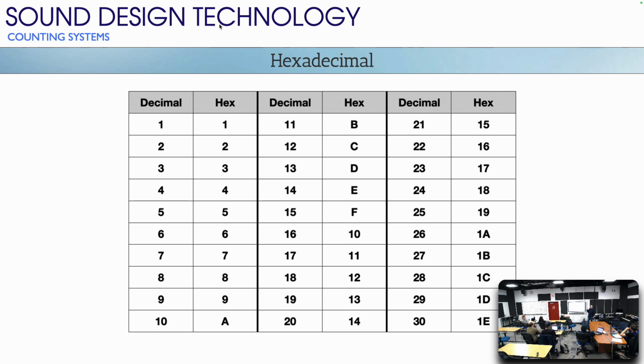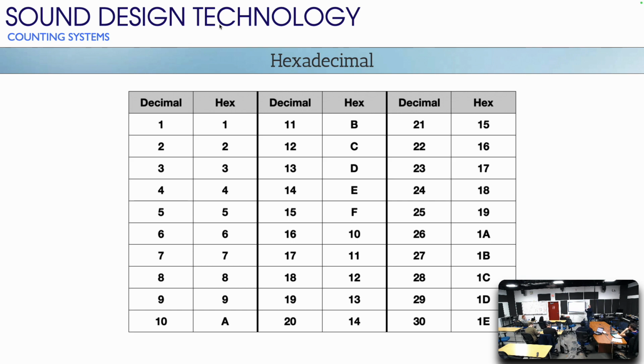So I will give you a little teaser as to why this is important. Computers don't count in hexadecimal. Computers count in binary, and we're going to talk about binary next. But computers count in binary in chunks of 8 digits. And chunks of 8 digits abstract really well into hexadecimal.